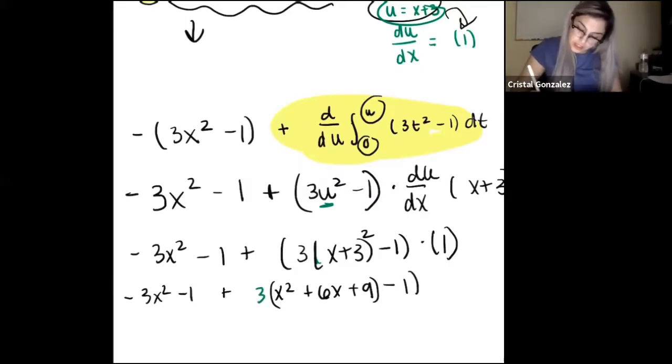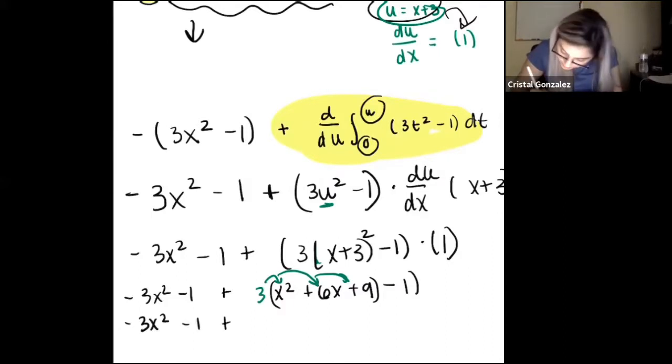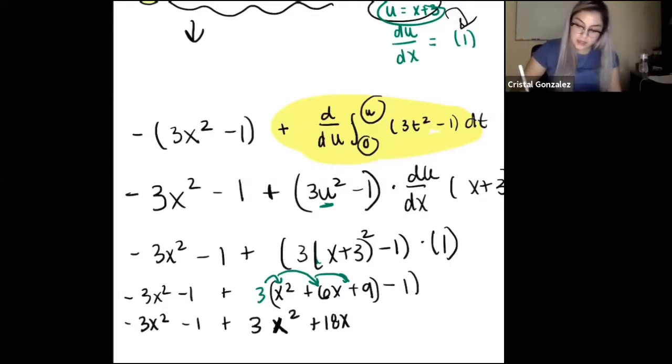Now I could go ahead and distribute this 3 over and get negative 3x squared minus 1 plus 3x squared plus 18x plus 27 minus 1. Okay, looking good.